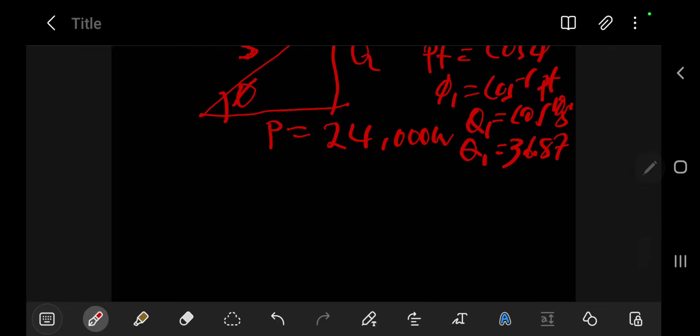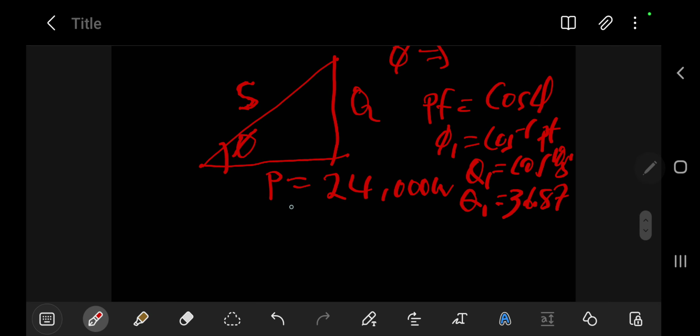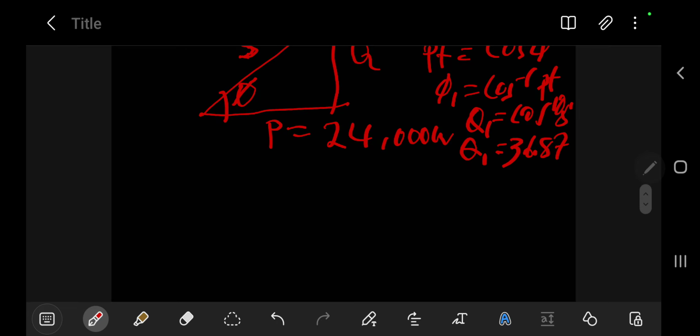You can do some manipulation of this triangle. If you have the angle, you can easily find what Q is. I mostly confuse this, so I like to use SOHCAHTOA. If I have the adjacent and I am looking for the opposite, I just have to use tan.